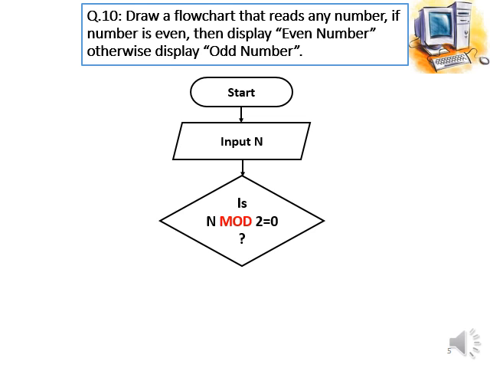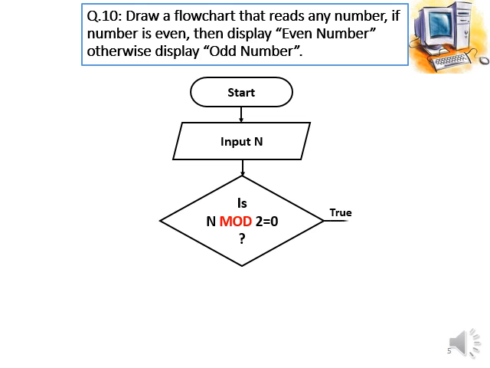So in that case 5 is an odd number, and this condition will be false. For example, if the value of n is 4, 4 mod 2: whenever 4 is divided by 2, the remainder is always 0. So in that case the result will be true.